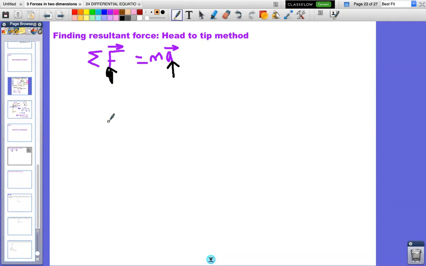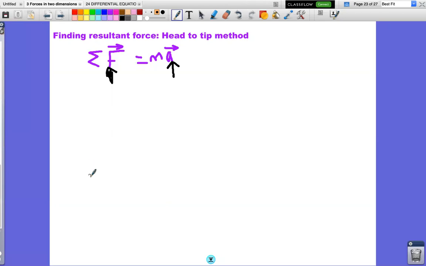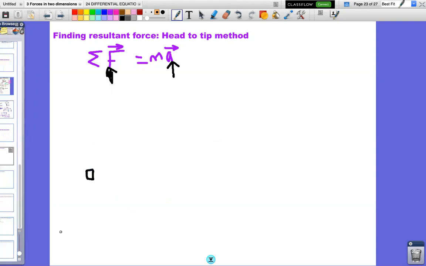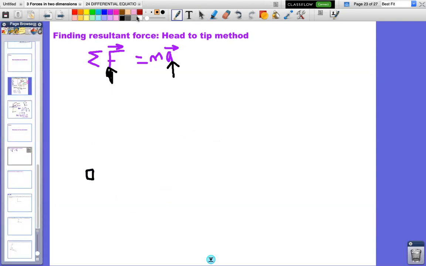First method, let's say you have a particle, make it small, and let's say you have a force acting this way. Let's start with the easy case like this.